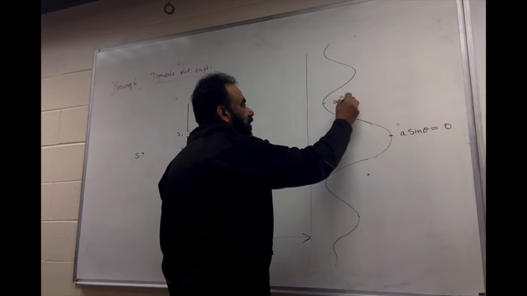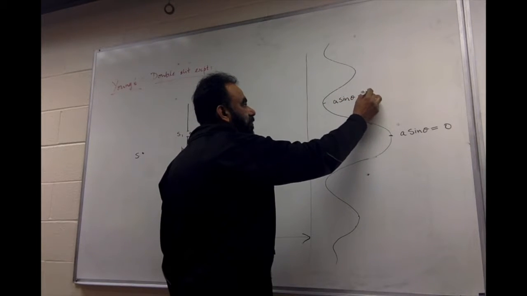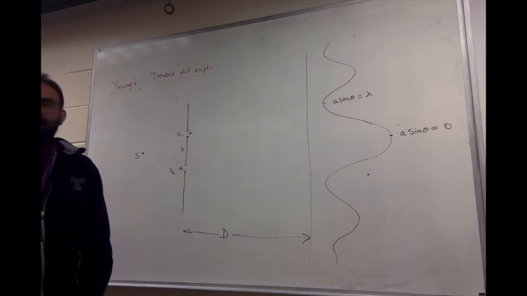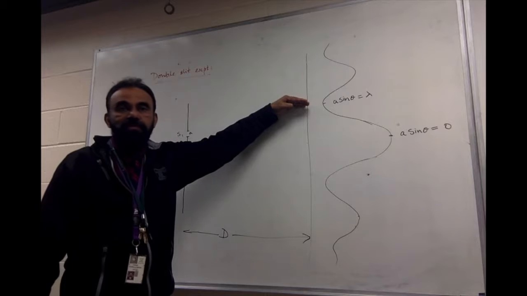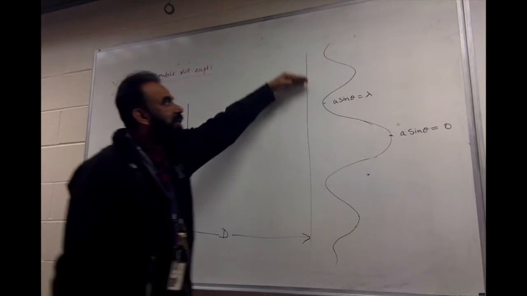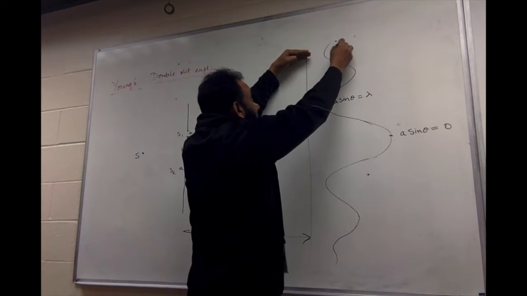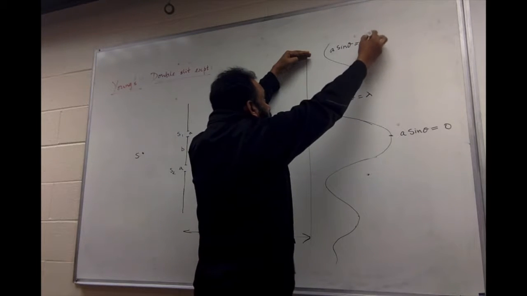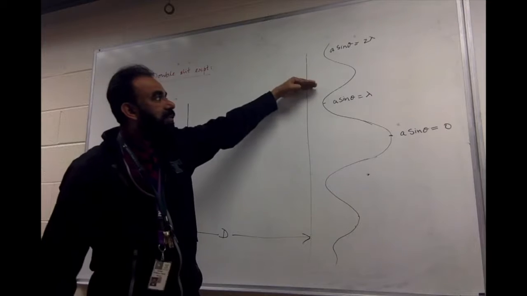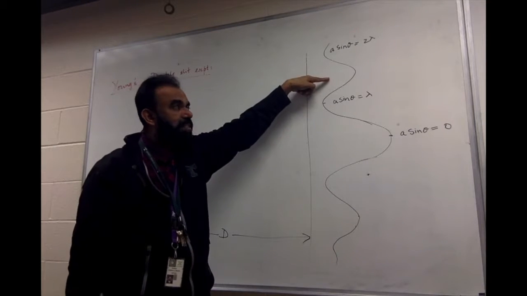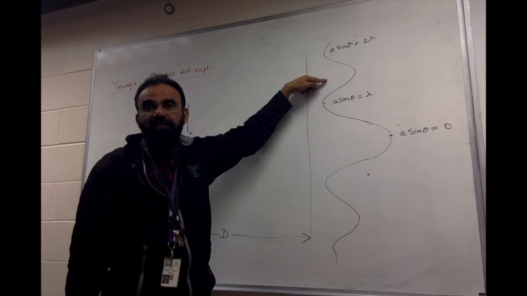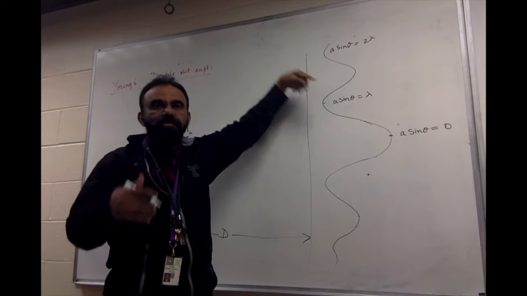A sine theta is equal to the wavelength, 1 lambda. So A sine theta is 1 lambda gets you a minima, the first minima. The second minima is A sine theta equal to 2 lambda, which means the secondary maxima of diffraction is between them. A sine theta is 1.5 lambda, right, and it goes on.